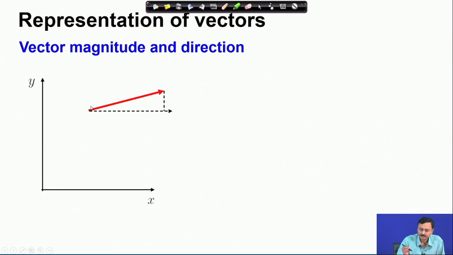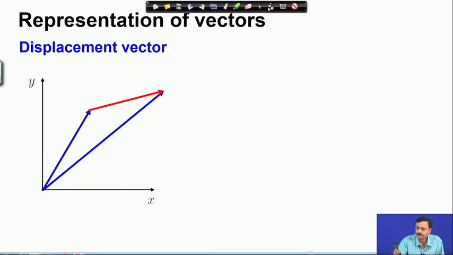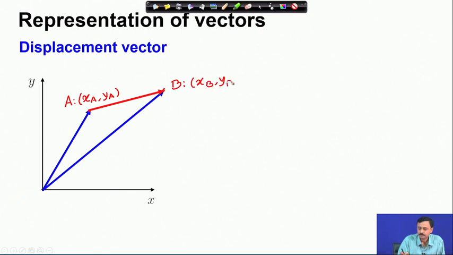So, once again I have this point A and point B. So, these are the vectors, vector a and b.